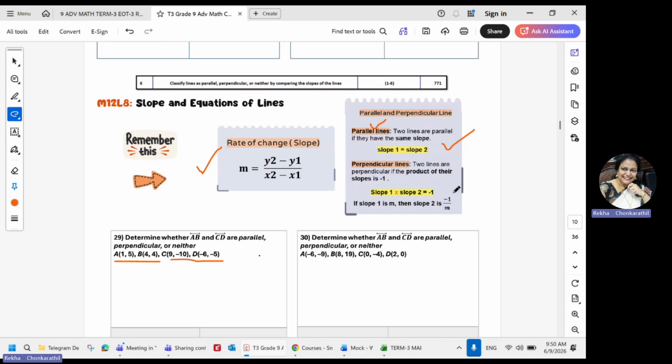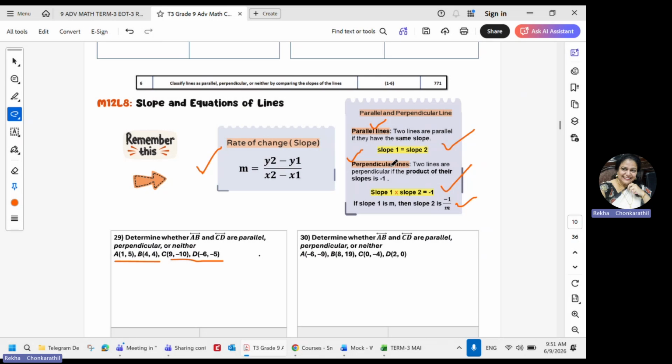If m1 times m2 gives minus 1, then you can say the lines are perpendicular. If the slope of one line is m, the slope of the perpendicular line will be negative 1 by m, that is, the negative reciprocal.